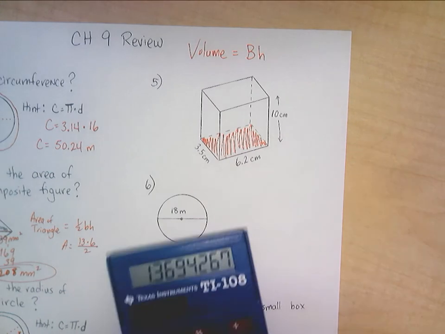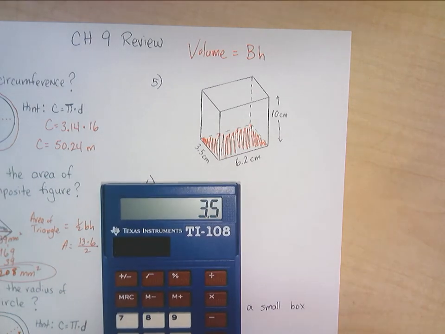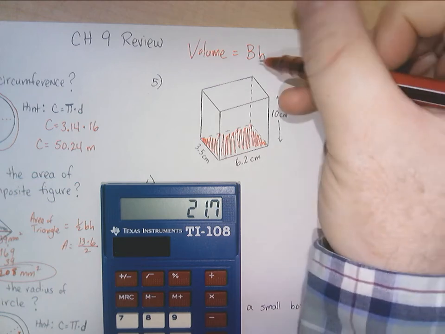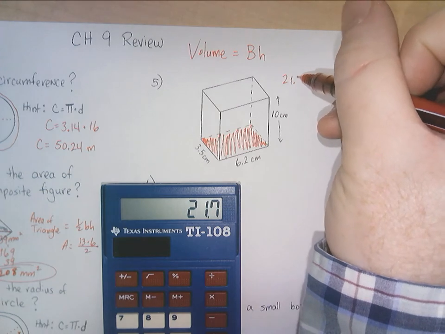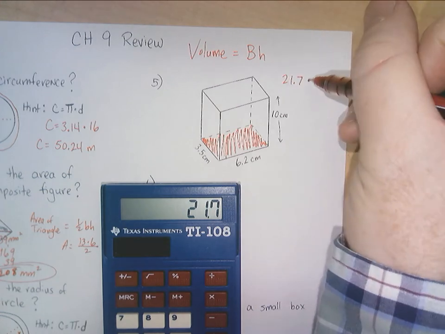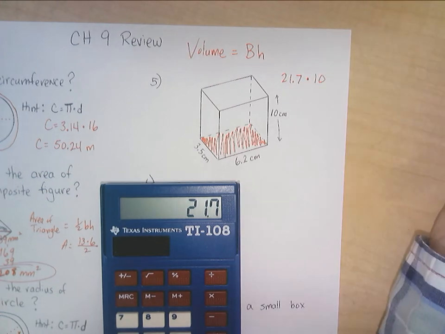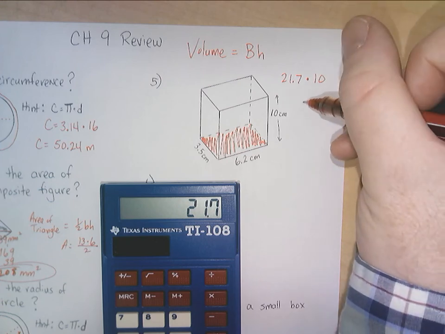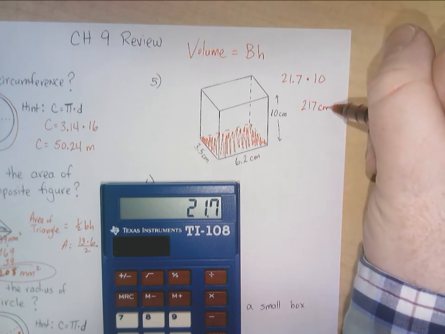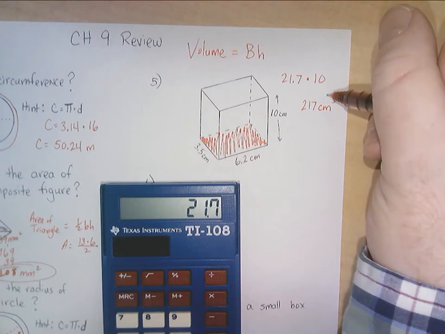The area of the base is 3.5 times 6.2, 21.7. Then you times that by the height, which is 10. 21.7 times 10 is going to be 217 centimeters cubed.